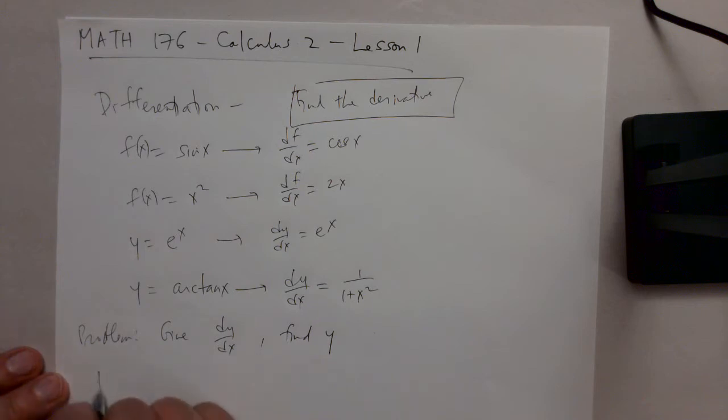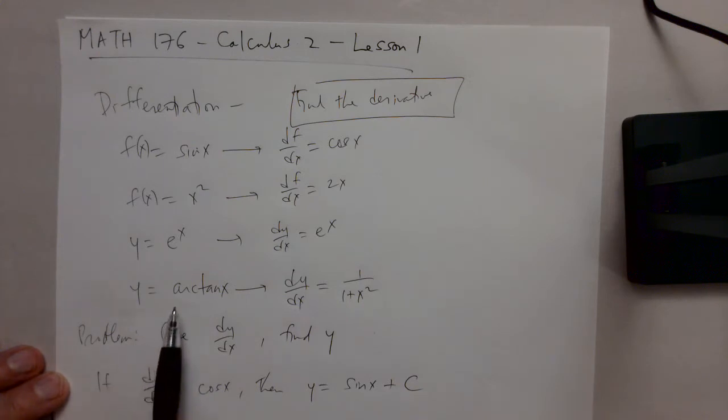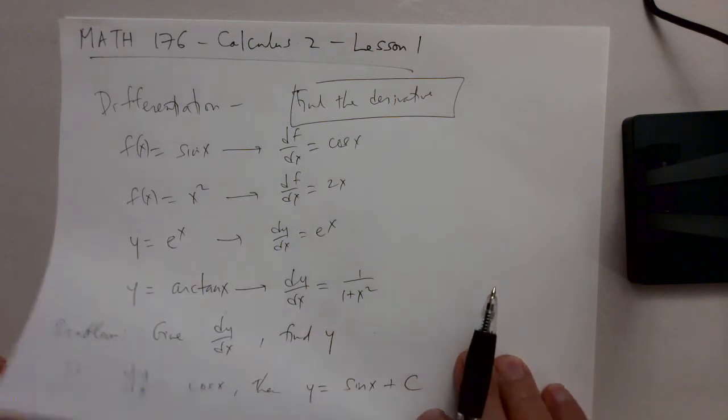So for example, if dy dx were equal to cosine x, then what function has derivative equal to cosine x? Well, y could be sine of x plus any constant. So instead of starting with the function and finding its derivative, now in the opposite direction, we're given the derivative of a function, and we want to find the function.